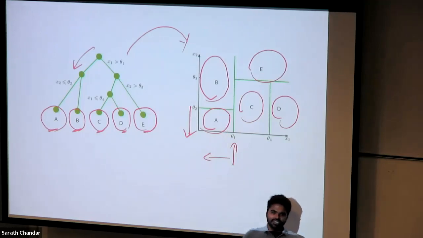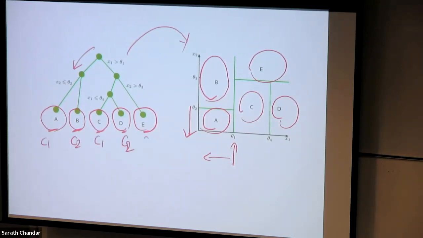The answer is one class, class 1 or class 2. For example, let's say this is class 1, this is class 2, this is class 1, this is class 1, class 2, class 1. Once I go to that partition, I tell you whether this is class 1 or class 2. Is that clear? So in some sense, we have 5 different classifiers.